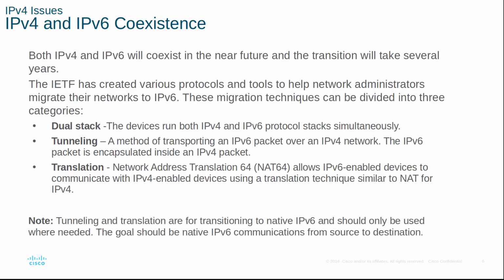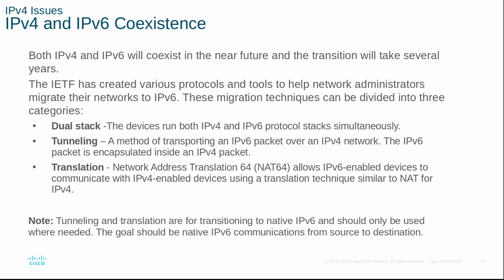Another technique that they created was tunneling. So you can transport an IPv6 packet over an IPv4 network. So that IPv6 packet is encapsulated inside a second packet, an IPv4 packet, which then gets encapsulated inside a frame.